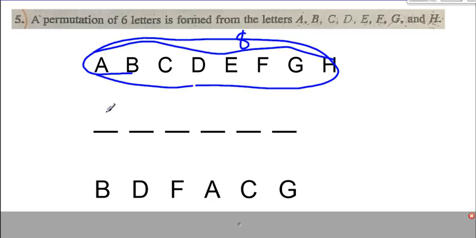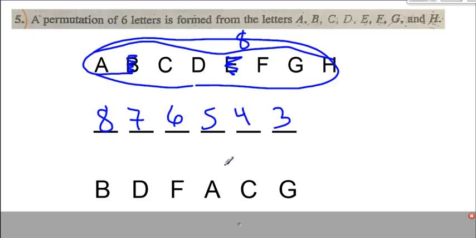That gives me 8 choices for the first position. Once I choose one of these letters to fill that position, let's pretend it was B, I now have 7 choices as to which letter to put here. And let's pretend it was this one, and now I have 6 choices, and continuing on I would then have 5 choices, 4 choices, and then 3 choices.